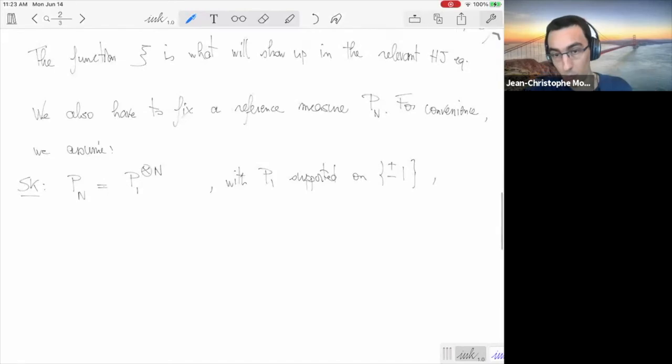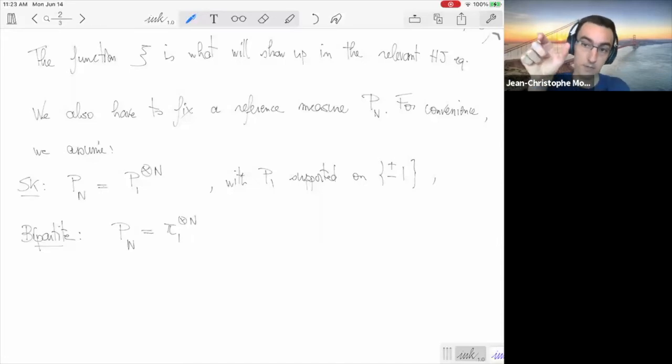But you don't need to choose this particular balanced case. And in the bipartite case, a similar assumption. There are two components, so I'm going to say that each of the components is IID according to the measure, and also the two components are independent.